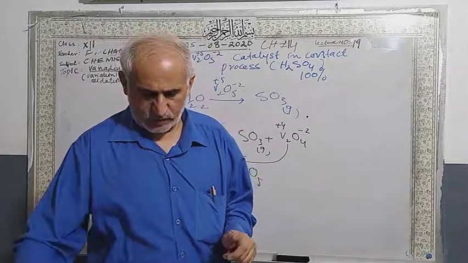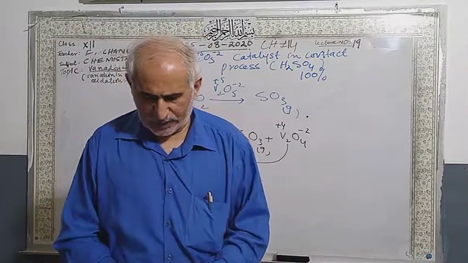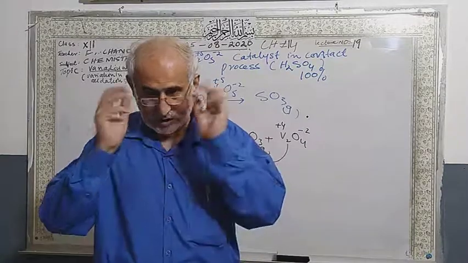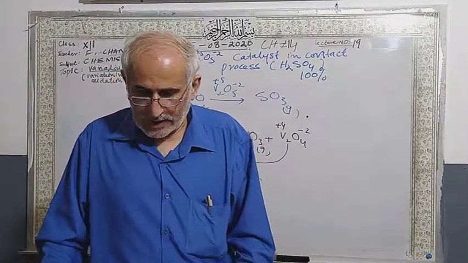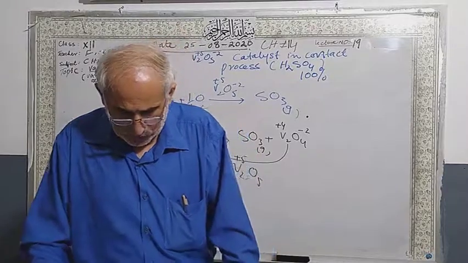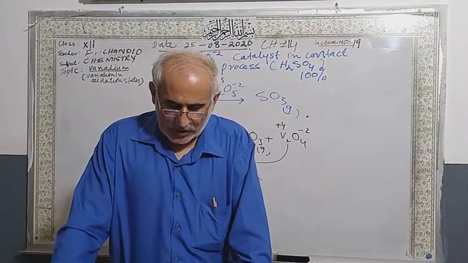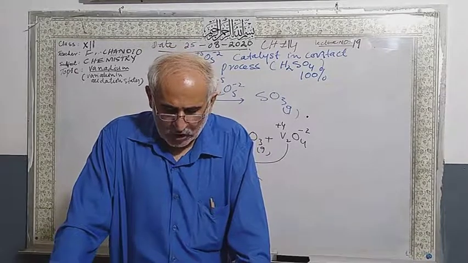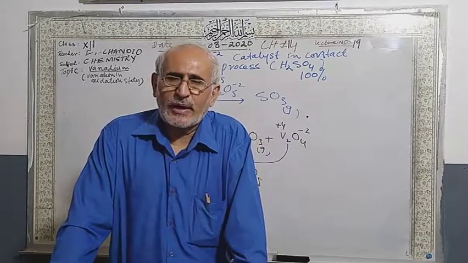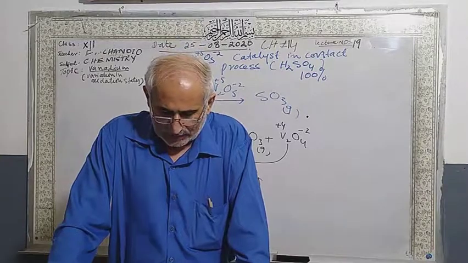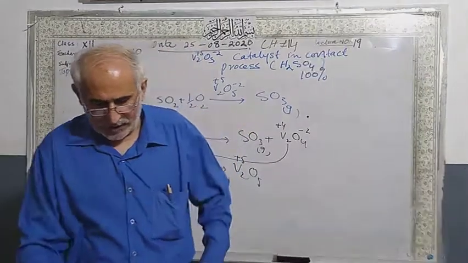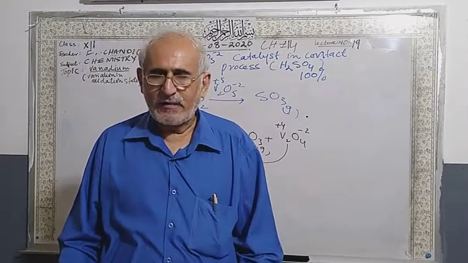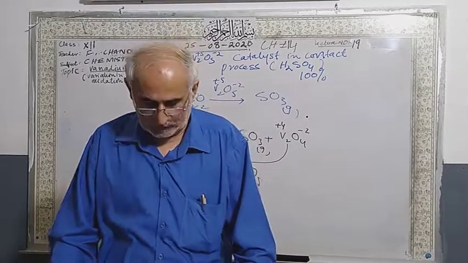So dear students, we complete this topic here and there are some questions here. If you see the box, page number 75, do you know the reduction of vanadium? Vanadium pentoxide dissolved in hydrogen chloride gives salts like vanadium oxydichloride VOCl2 and VCl5.